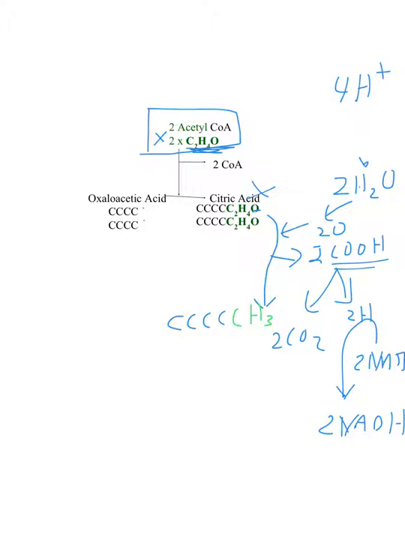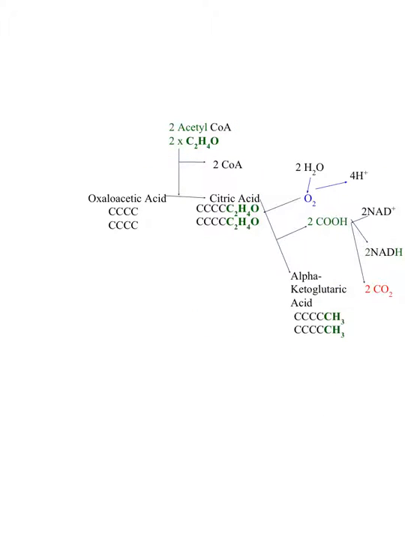Dude, we got a methyl group on the end, huh? And of course there's 2 of those. That looks a little better, all cleaned up. Here's our methyl group that we left off with, and of course it's no longer citric acid but alpha-ketoglutaric acid.